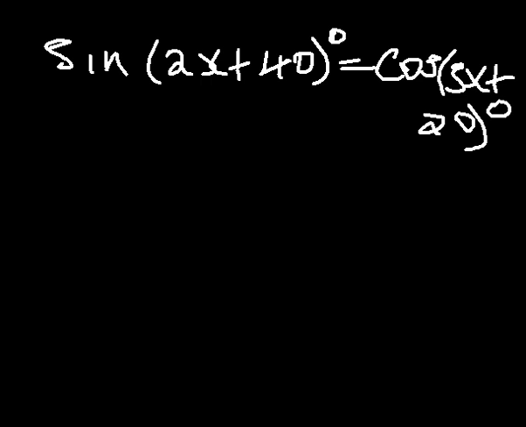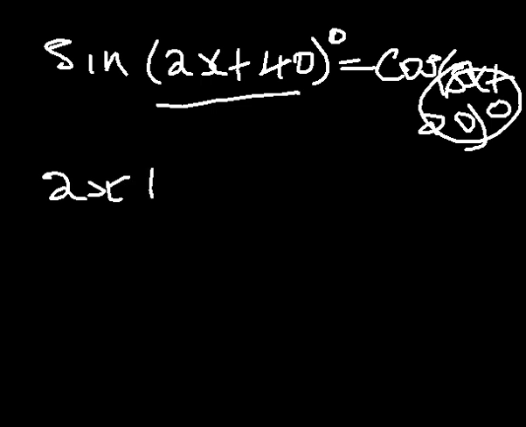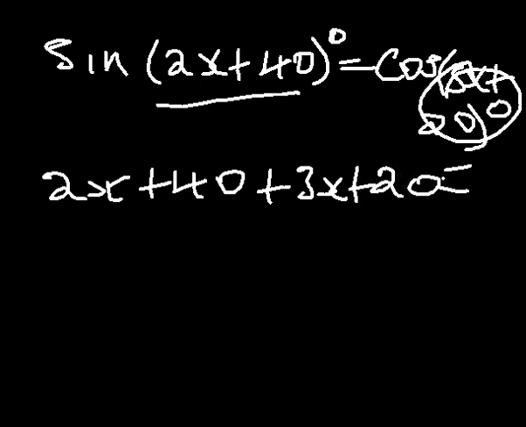What is the value of x in this case? These two angles are complementary angles. So 2x plus 40 plus 3x plus 20 will be equal to 90. Then solve for x there.